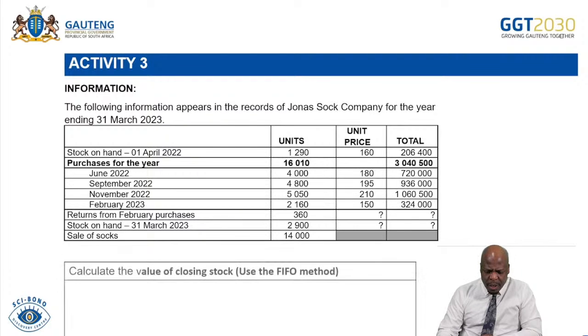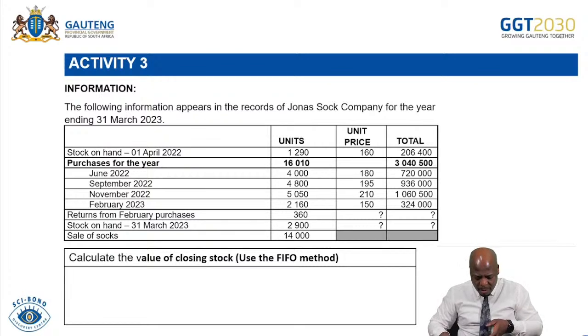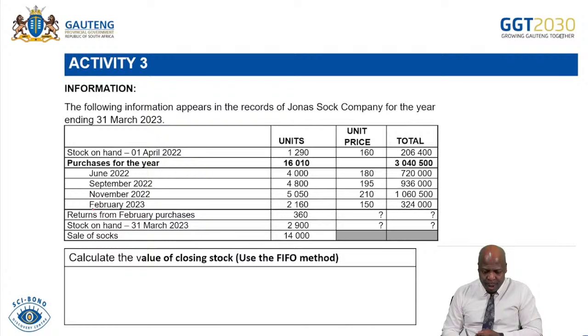All right, and here we're going to calculate the value of closing stock using the FIFO method. Where do we begin? Remember what I told you. You come and you look at the units that you want. Remember, April is the beginning and March becomes the end of the financial year.